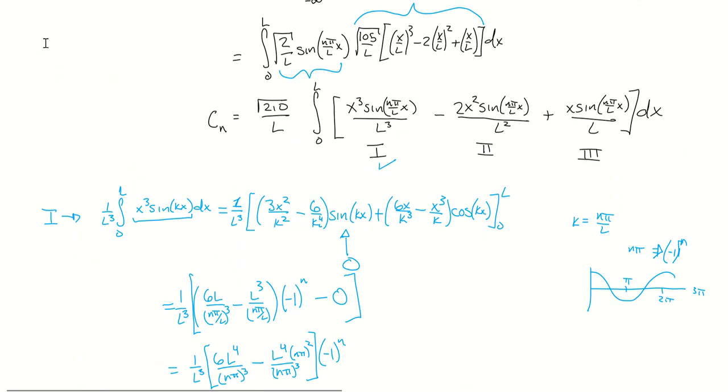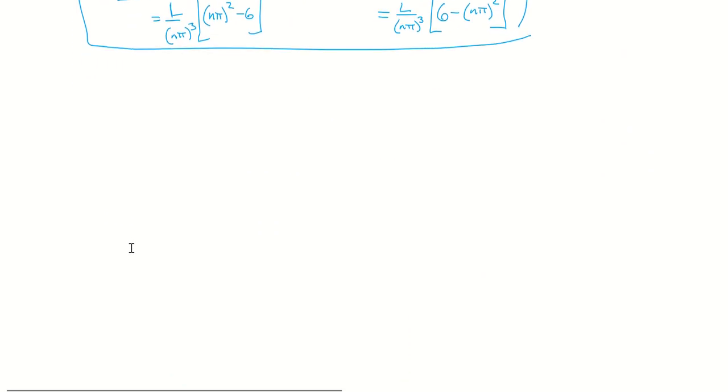Now the next integral I'm going to do, integral number 2. So if we scroll down here, I'll switch colors up. So let's just pound through that integral, right? That integral is the integral from 0 to L of 1 over L squared times 2x squared sine kx dx. Again, pulling out that 2, I end up with 2 over L squared.